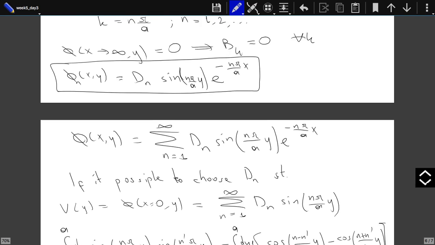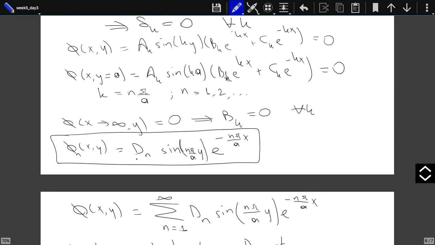No, you see, hold on. We found the solution, right? What is n? n can be 1, 2, 3, etc. n can only have those values. So I have many solutions, and they correspond to n is equal to 1, n is equal to 2, n is equal to 3. Many solutions of the Laplace equation satisfying the boundary condition.